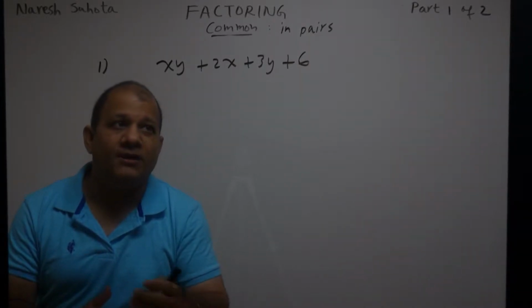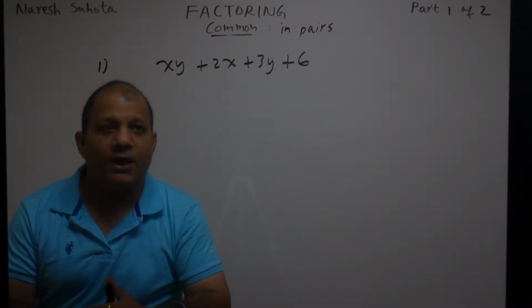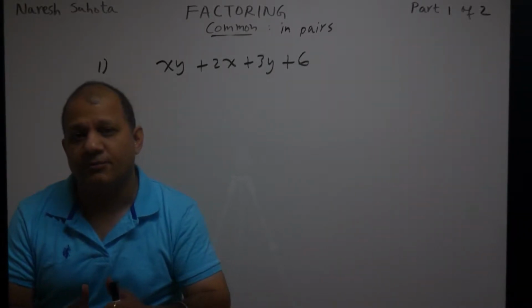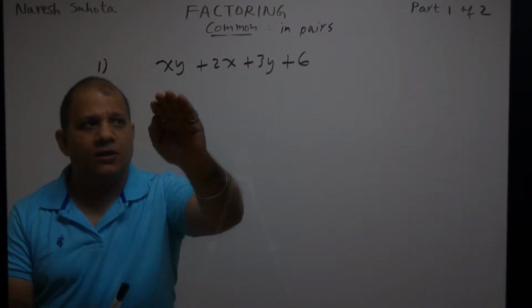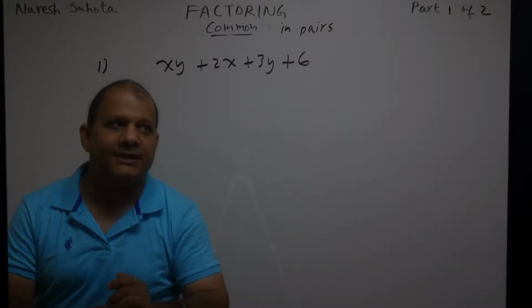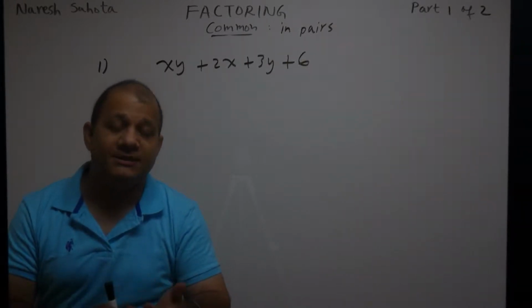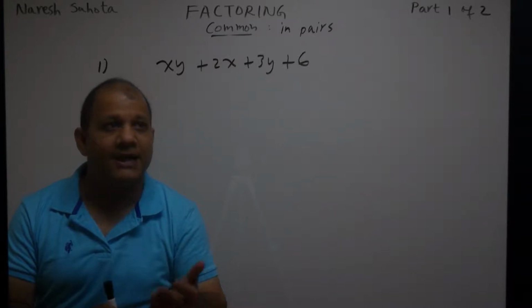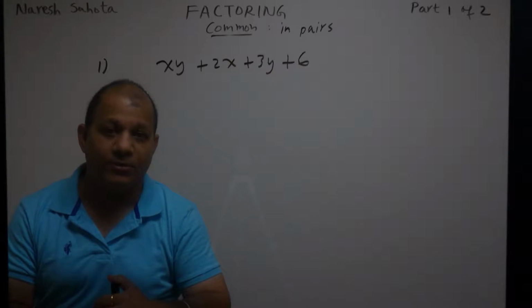Similarly, y appears in the first and the third term, so it's not common either. So I can't pull out any variable or number as a common factor.